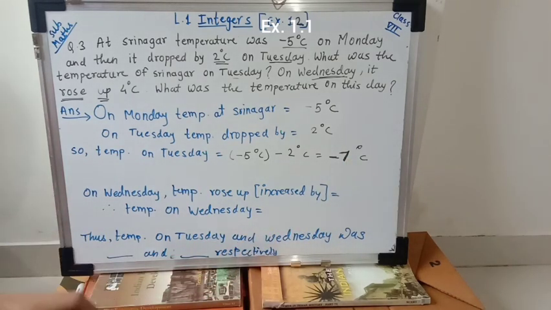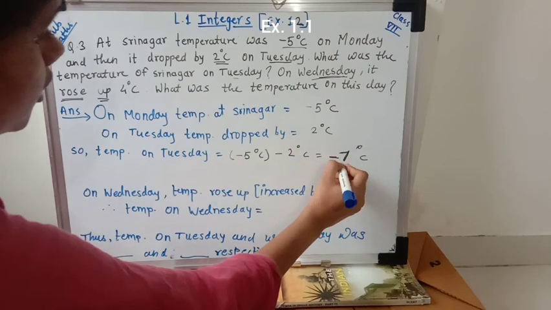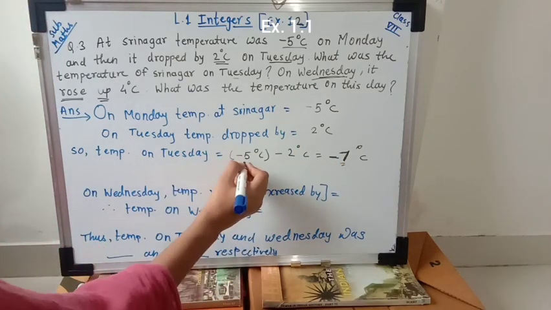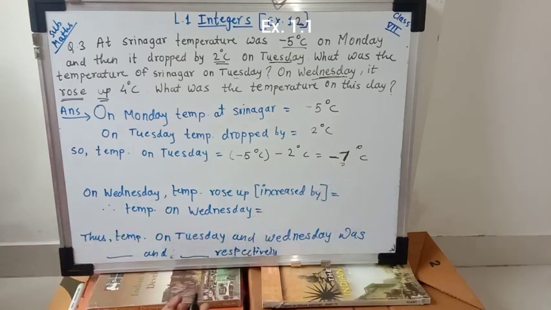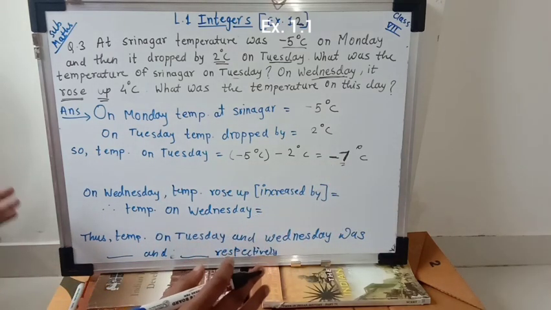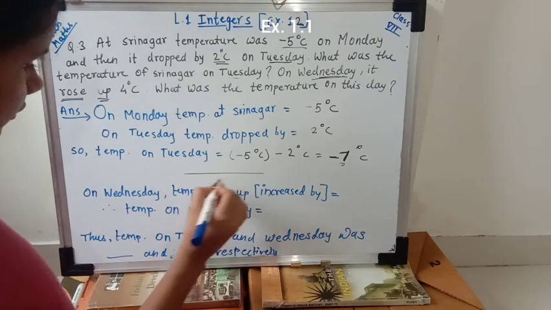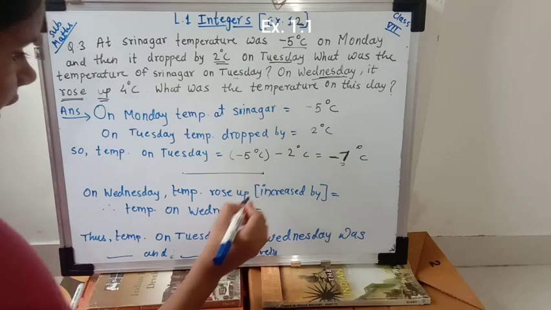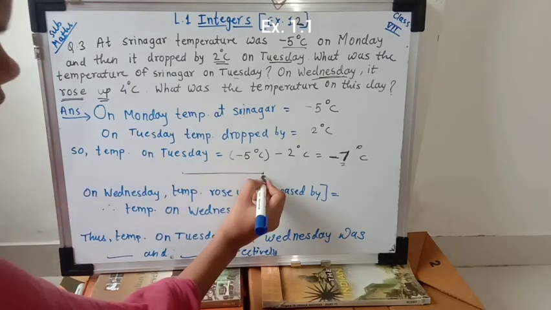Now you will say that you said the temperature dropped by 2 degrees Celsius, but the answer is minus 7 degrees, and here minus 5 is there. How can this answer come? This question should come to your mind, so let me draw the number line over here. I will draw only the left side of the 0.